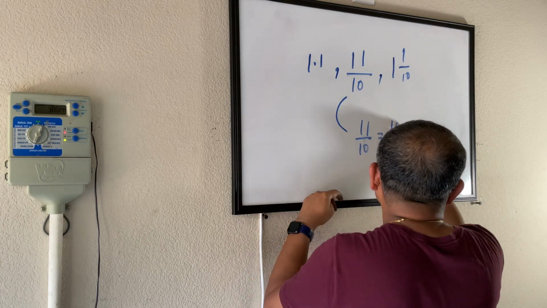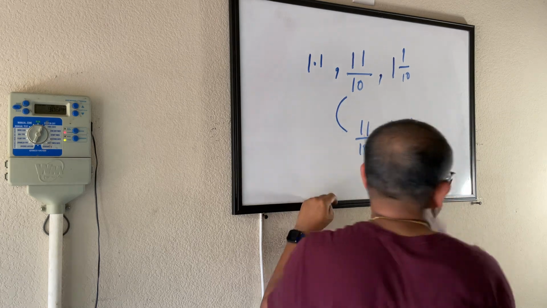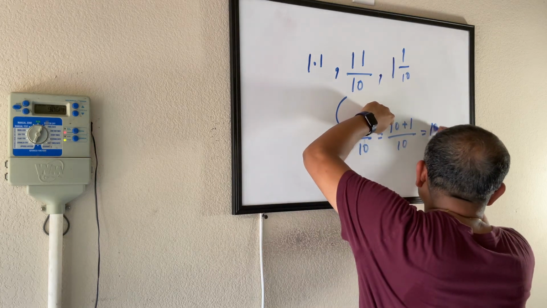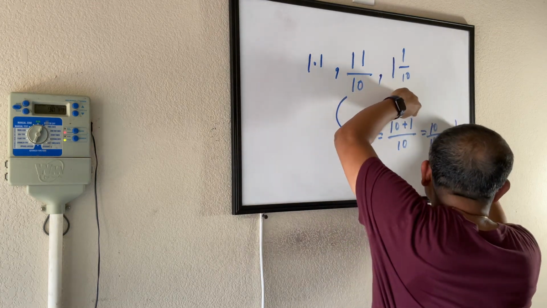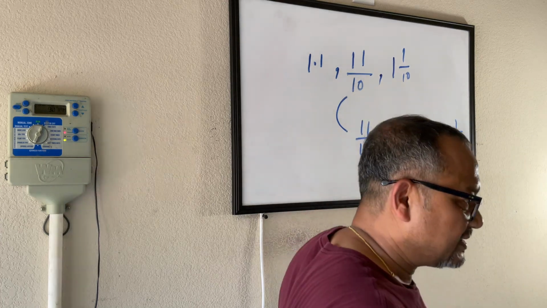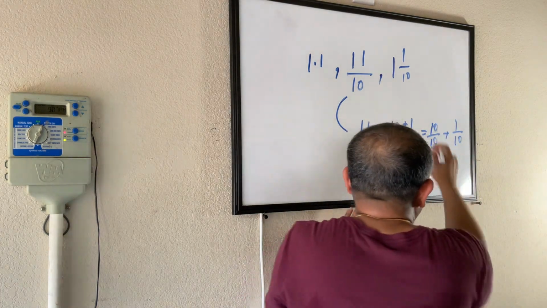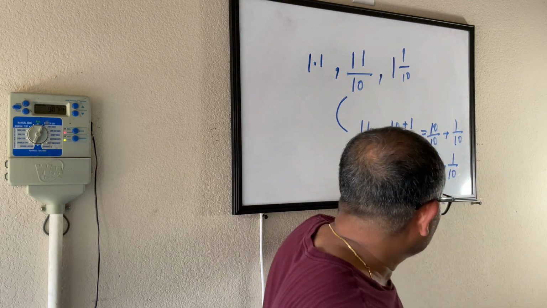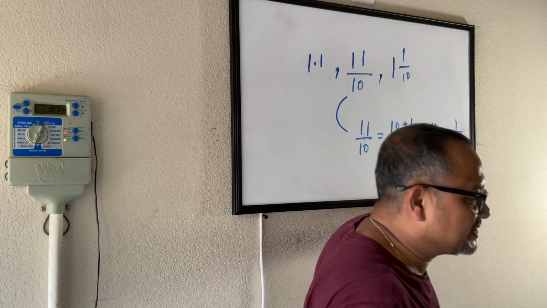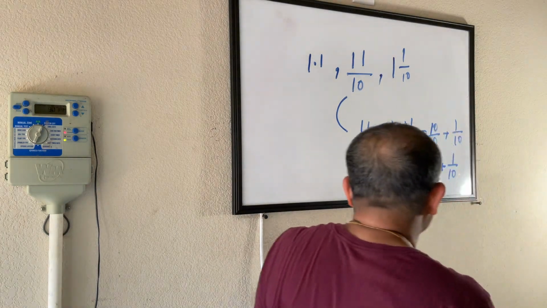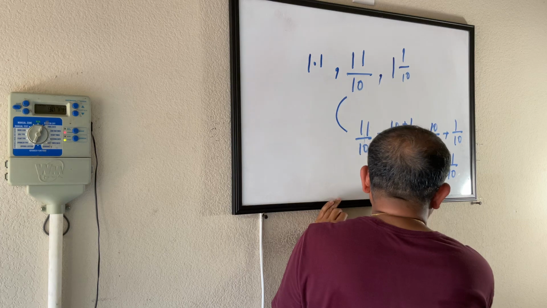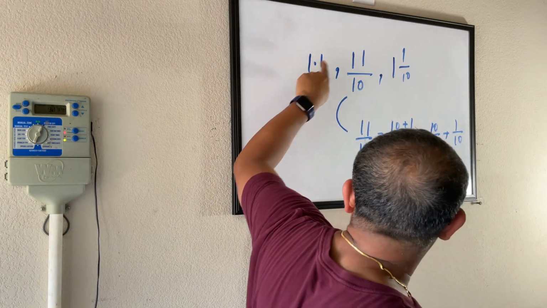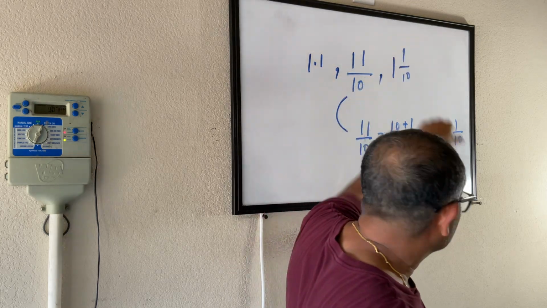I can say 10 plus 1 by 10. That means 10 by 10 plus 1 by 10, correct? So this 10 by 10 gives you 1, plus 1 by 10. So basically you have one whole number and you have one fraction. You put them together, that becomes a mixed number: 1 and 1 by 10. So 1.1 you could write as a fraction, you could write as a mixed number also.